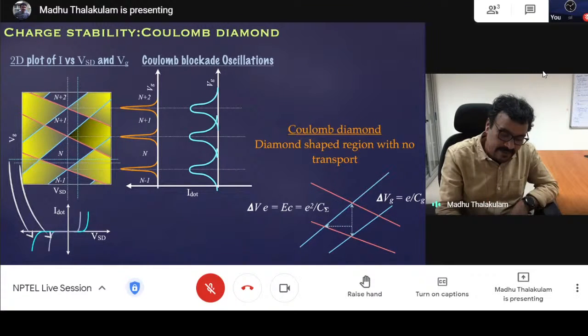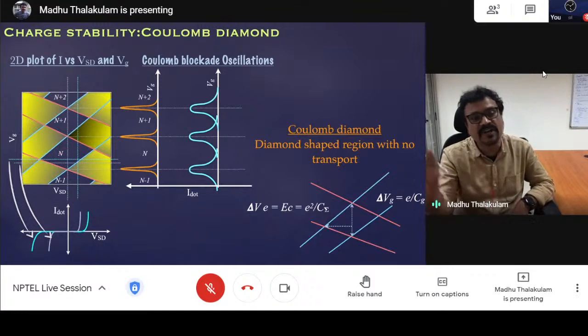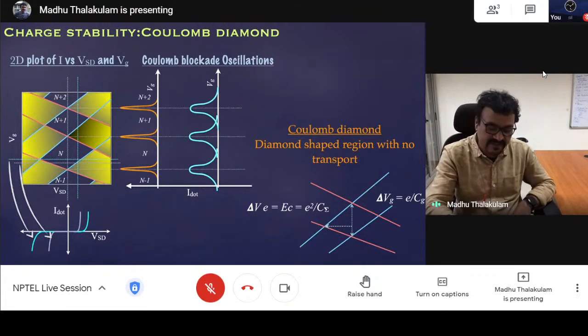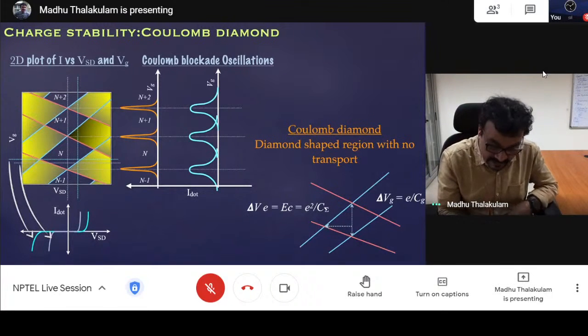You have the gate voltage varying in the vertical direction and the source drain in the horizontal direction. And in this diamond-looking region, you have no transport. Okay, no transport happens. You can convince yourself from this level diagram here.